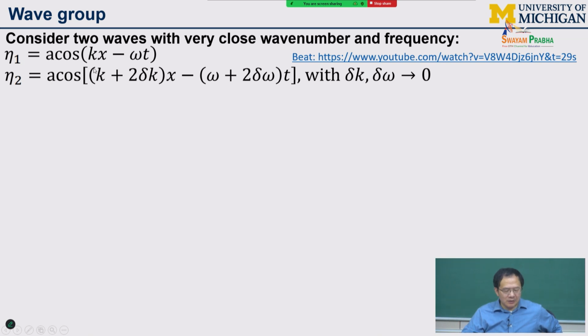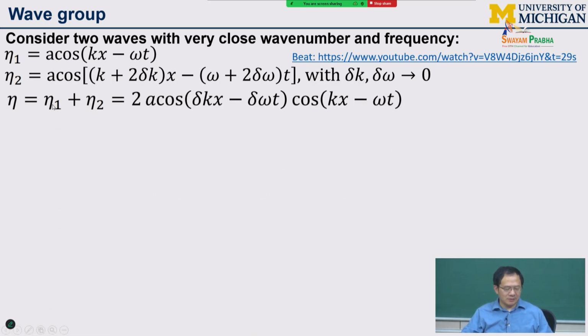Now the wave number changes slightly, and the frequency changes slightly. Now you have two waves, right? When these waves add together, using the mathematical equation, it becomes this form.